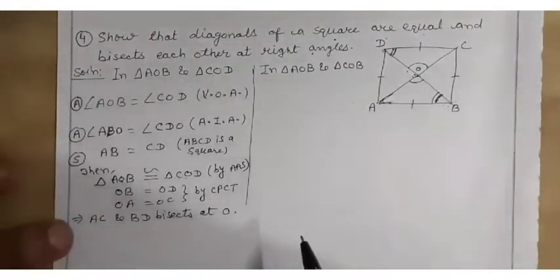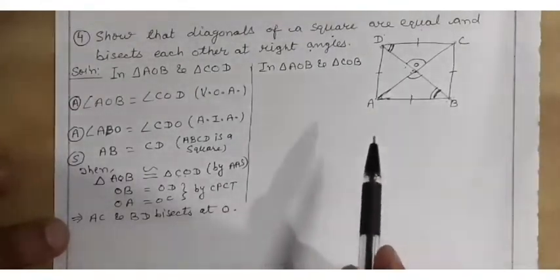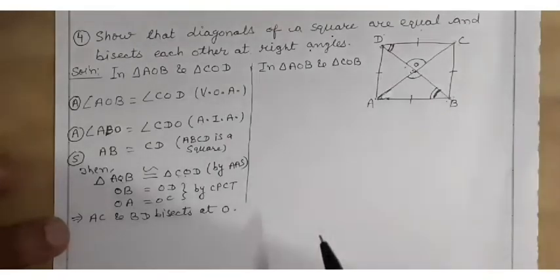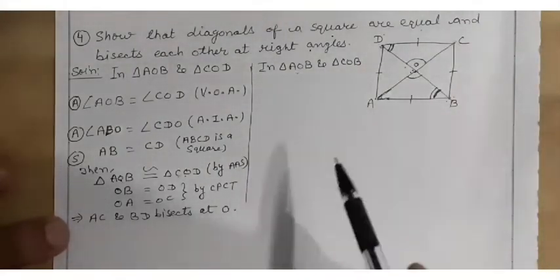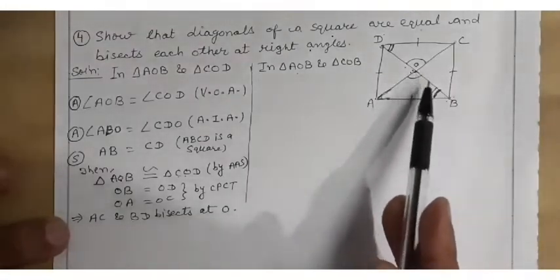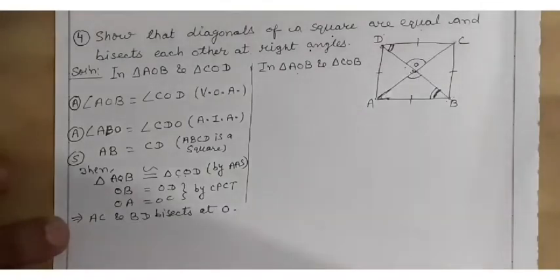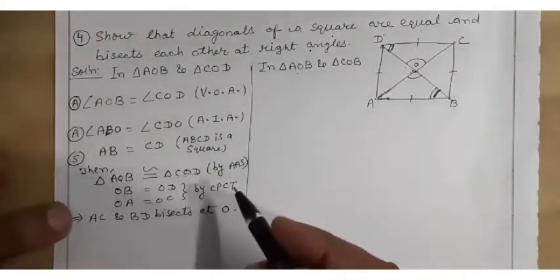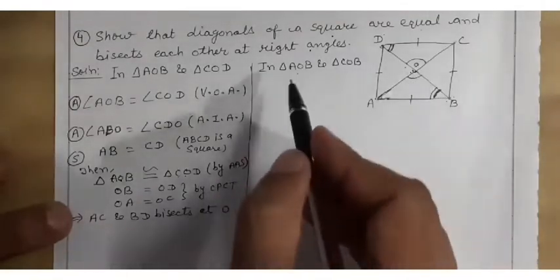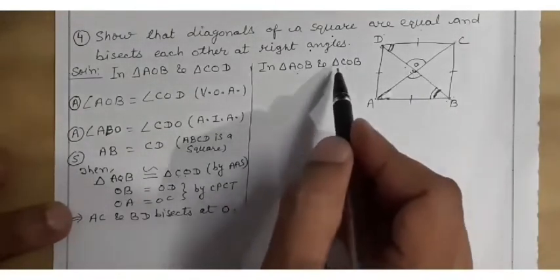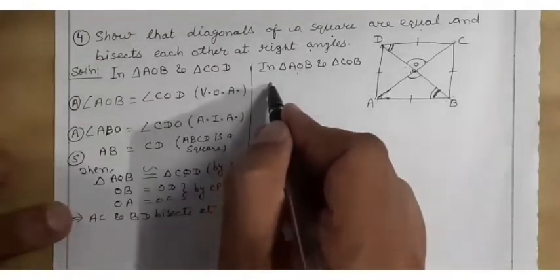Okay. Now what we have to show, the other thing, you have to show. Take triangles AOB and COB. See here. In triangles AOB and COB, just see.